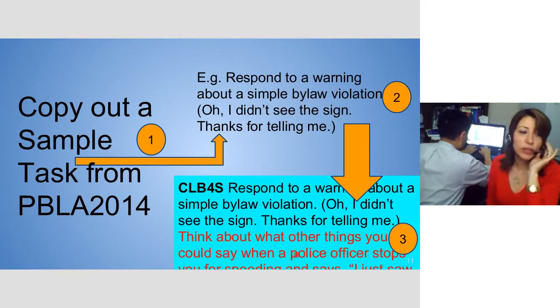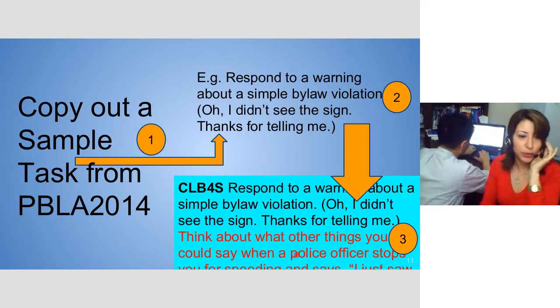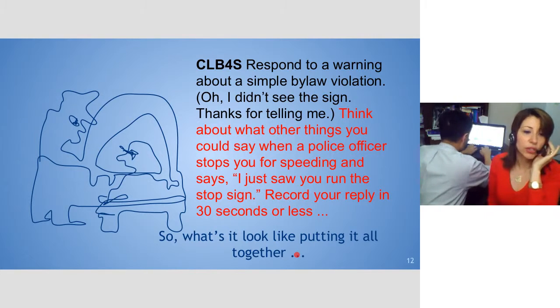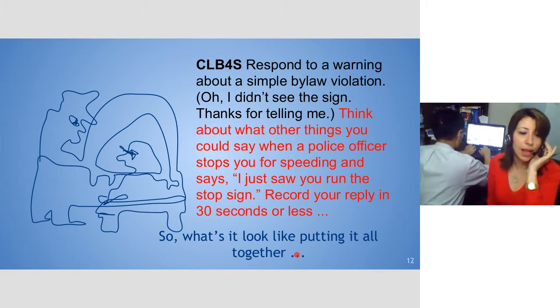So first thing, we need to copy the sample task, as you can see. That's number 1. Number 2, you just post it. You put it somewhere. Number 3, we expand on it. Next slide. Okay? And this is the expansion. So think about other things you could say when a police officer stops you for speeding and says, I saw you run the stop sign.